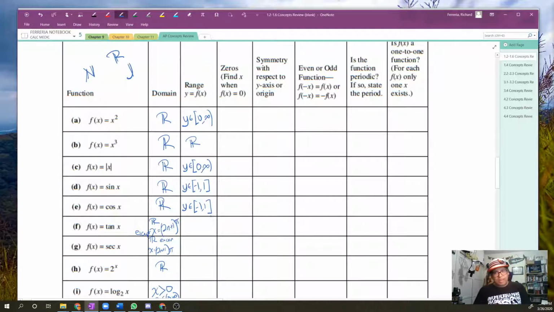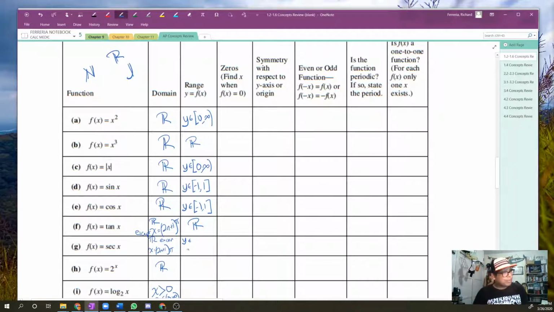Tangent. Tangent goes all the way from positive infinity to negative infinity as well. We may have some breaks in the curve, but the y coordinates always go to infinity. So this is all real numbers as well. Now secant is a really interesting one because the only place where we don't get a y coordinate is between negative 1 and 1.